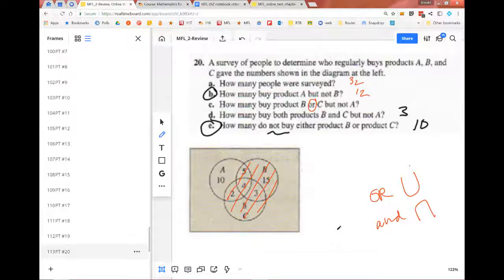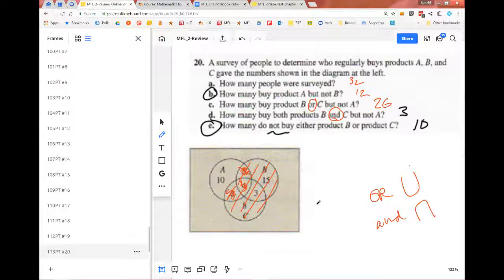But now it says not A. So now you would basically remove that, because those are all in A. So now you've got the number in your answer, 15 plus 3 plus 8. 26. 26, yep. How many buy both products B and C? Which set thing is that?